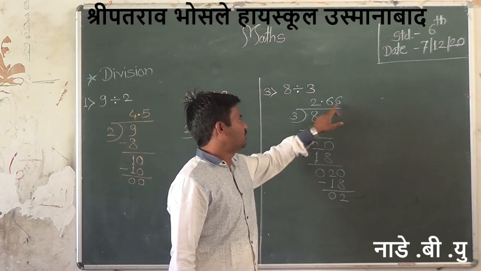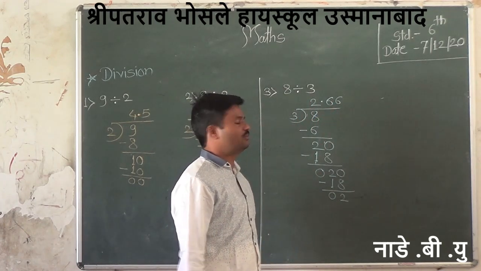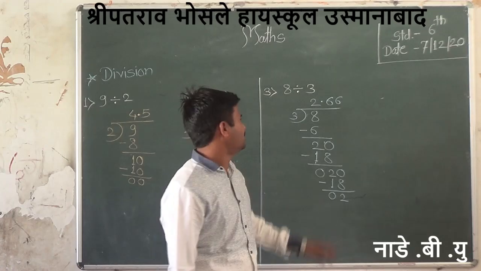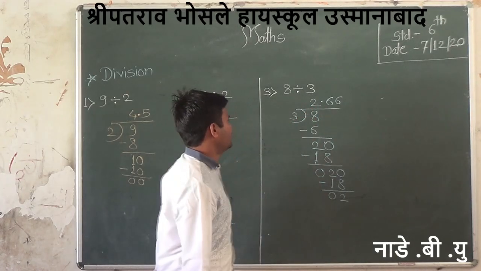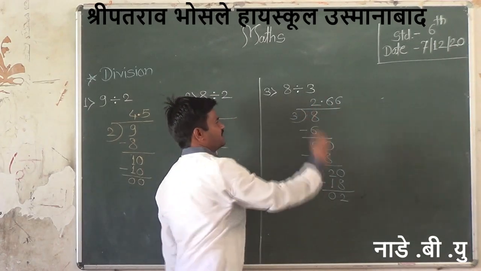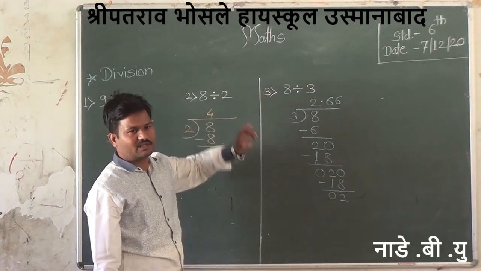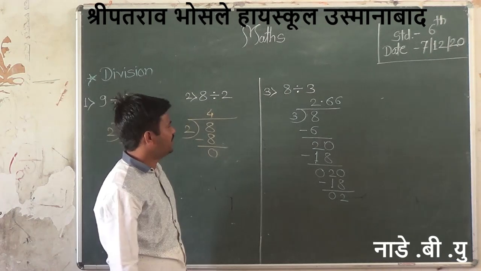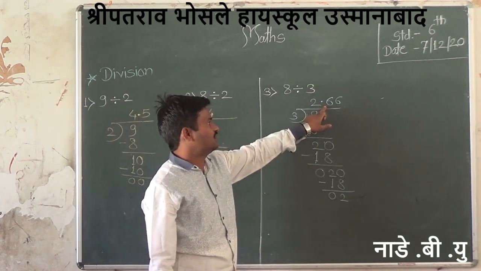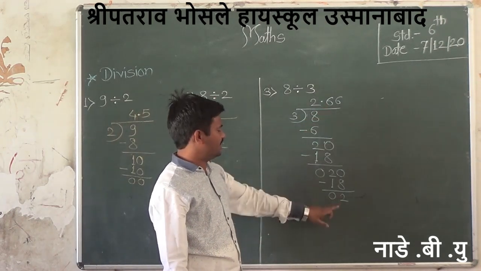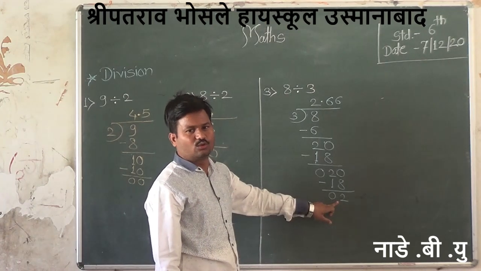Here, 2 decimal places in the quotient, a 2 places decimal fraction quotient. Here the quotient is 2.66. It means in example number 3, 8 divided by 3, the quotient is 2.66 and the remainder is 2.